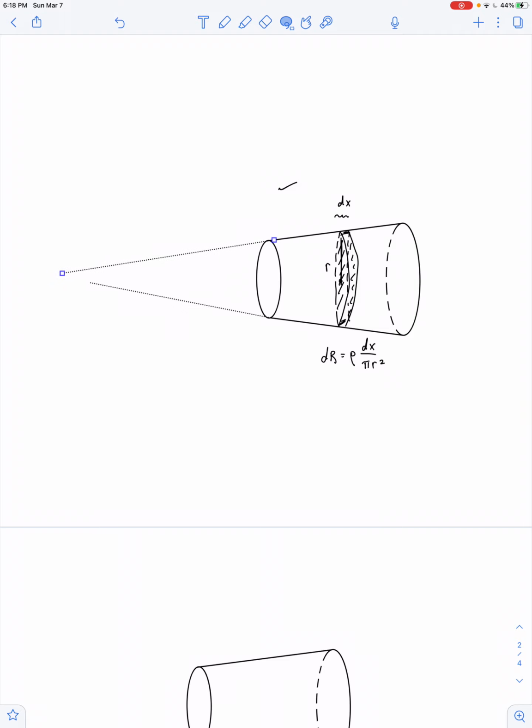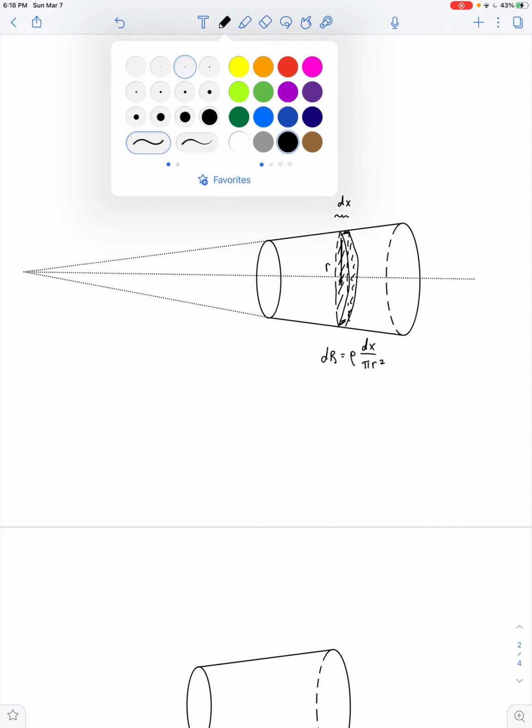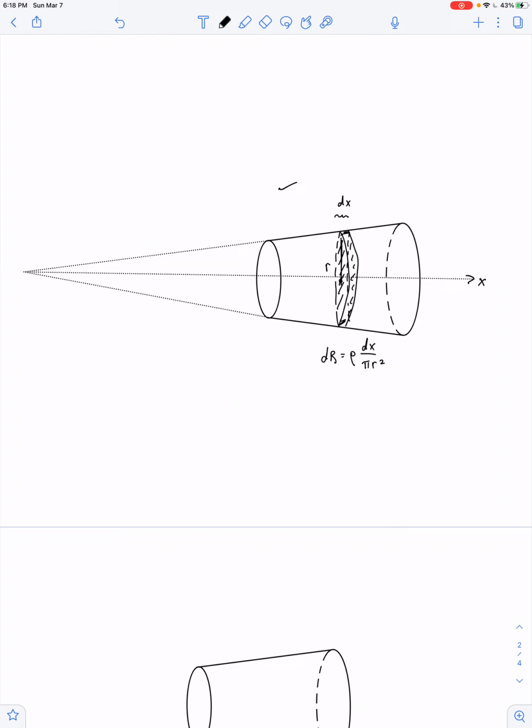Extend these lines until they intersect. There's our x-axis. So here's the origin. X equals 0 back here.